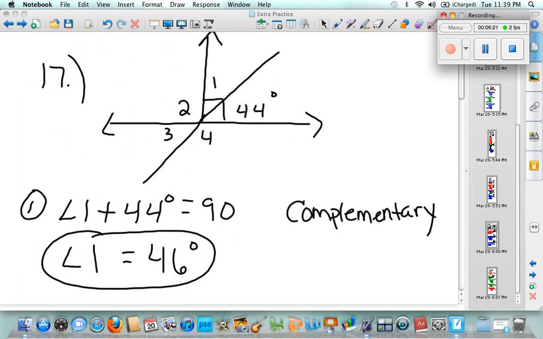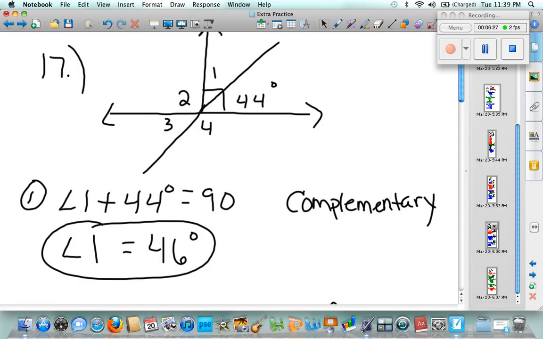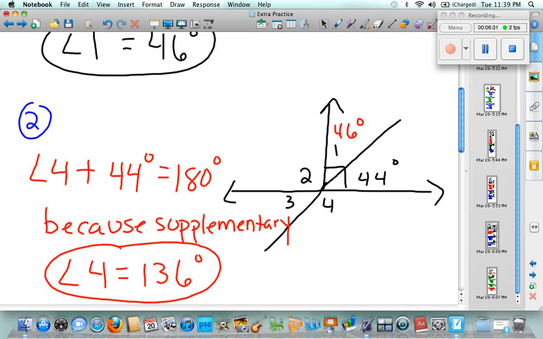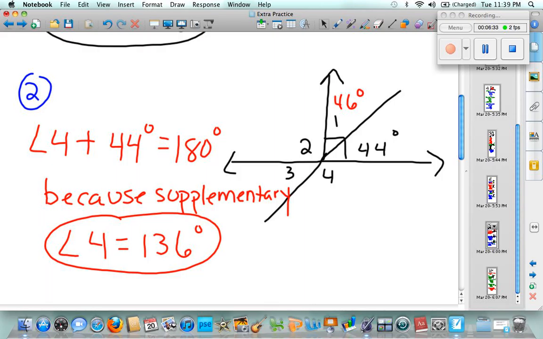This one, angle 1 plus 44 degrees is going to equal 90. It's called a complementary angle. So angle 1 is 46 degrees. For angle 4, we've got angle 4 plus that 44 degree angle is then going to equal 180 degrees because they are supplementary. So angle 4 is 136 degrees.